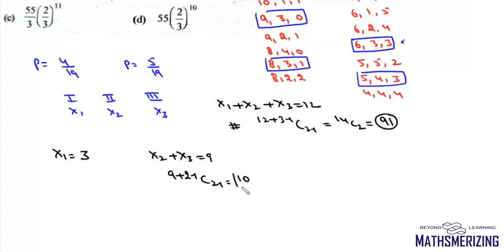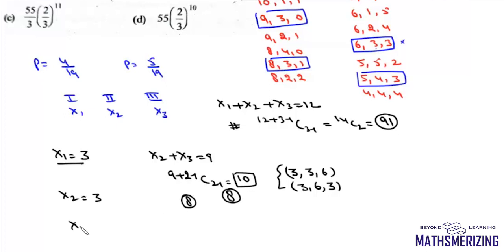Now in these 10 cases, we have one case which will be 3 3 and 6, and one case which will be 3 6 and 3. So we'll discard these 2 cases. Then we have 8 cases when x1 is 3. In the same way, for x2 equals 3, we'll have 8 cases, and for x3 equals 3, we'll again have 8 cases.